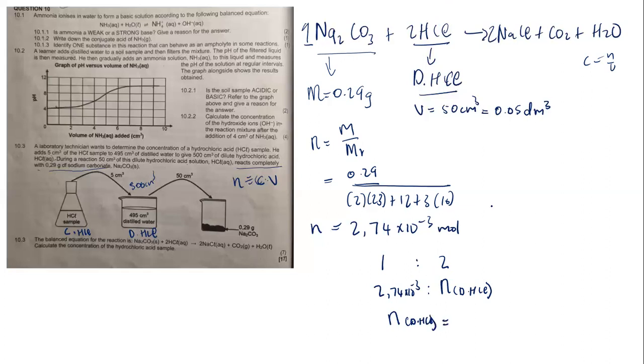Taking this answer to 2 decimal places, 2.74 times 10 to the power -3 multiplied by 2, it happens that my final answer is 5.48 times 10 to the power -3 moles. Okay, right. So this is my number of moles of diluted hydrochloric acid.